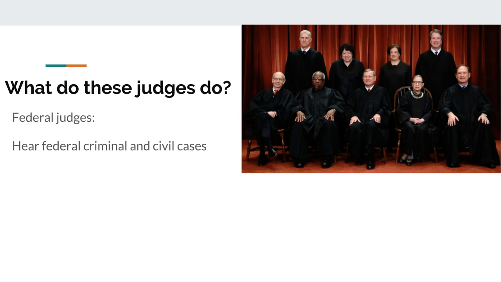Then beyond that, if that case gets appealed to a higher level, then there are U.S. District Courts of Appeals. An appeal is when you think the judge ruled incorrectly, or I was found guilty incorrectly. I want to challenge this ruling, saying they violated my rights, or something didn't go correctly, and I think maybe it wasn't constitutional what was done, or my rights were violated under what the Constitution currently says.